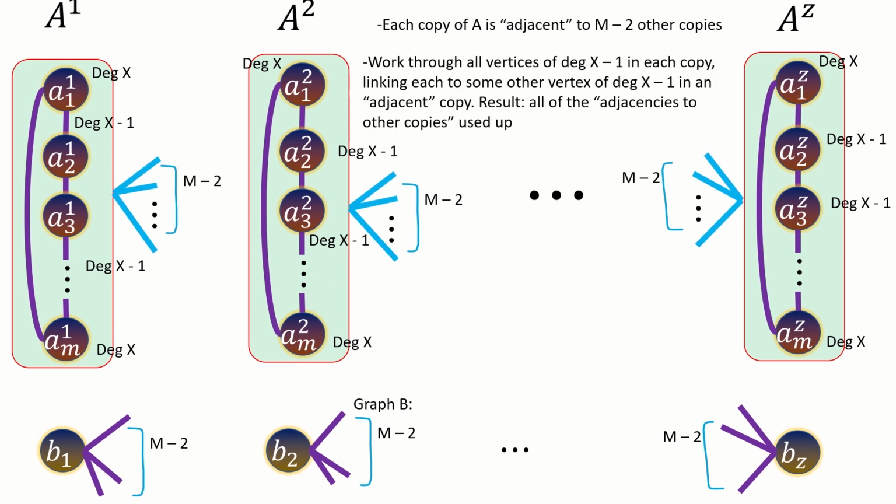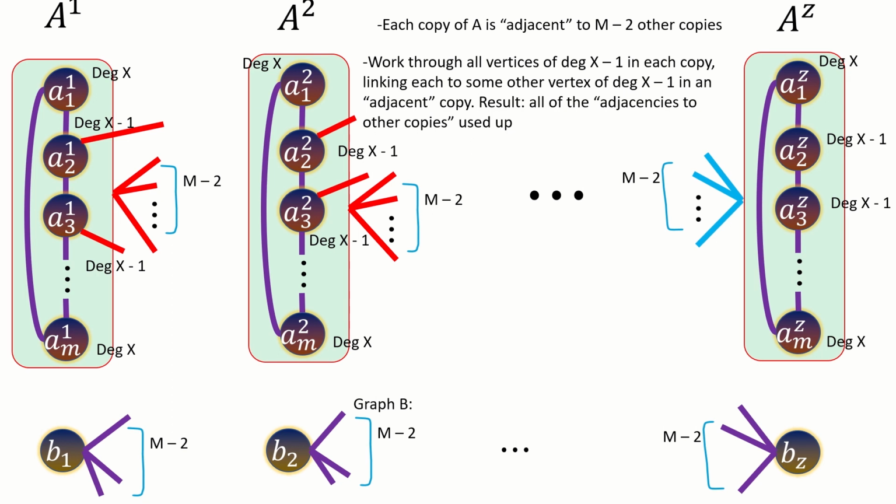So we can start with copy 1 and work our way through all the m-2 vertices of degree x minus 1 in that copy, linking each one to a vertex in another copy that hasn't yet been reached by this process, exhausting the m-2 adjacencies to other copies. And then we can progress to another copy and do the same thing, obviously avoiding any vertices that were already linked in a previous step.